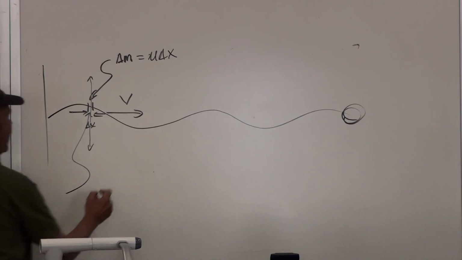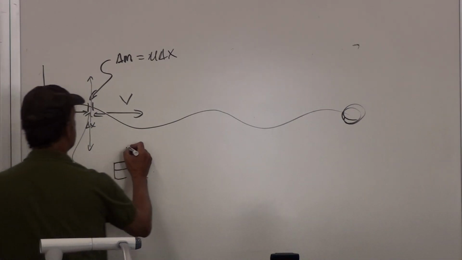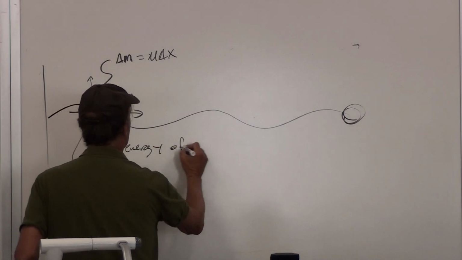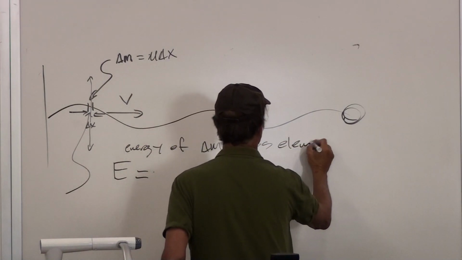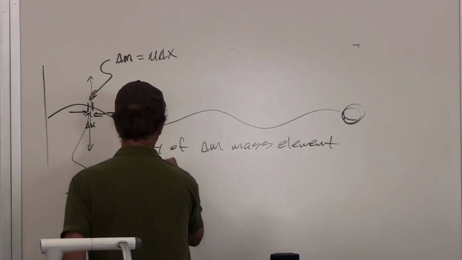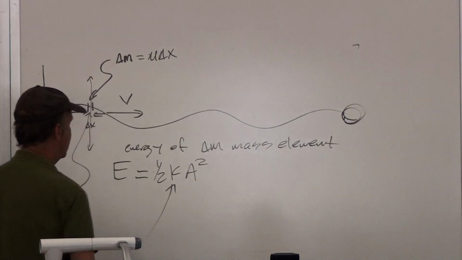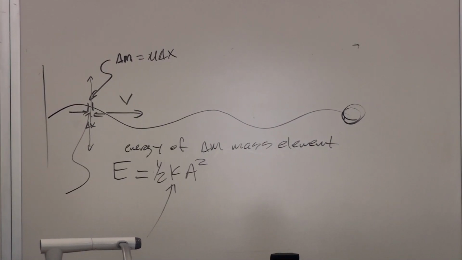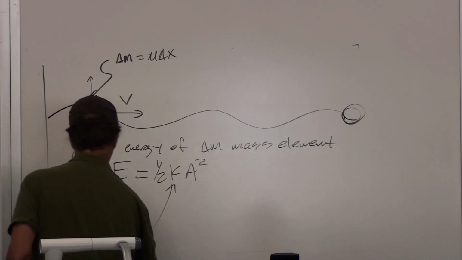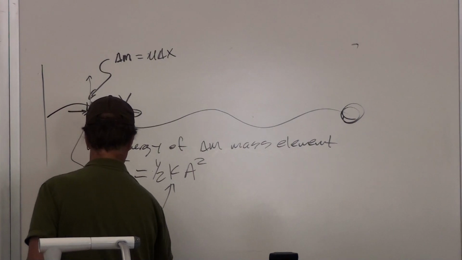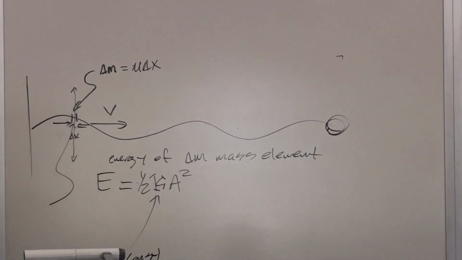And so the energy then of that mass element is equal to 1/2 k a squared, where k here is our spring constant, not our wave number.